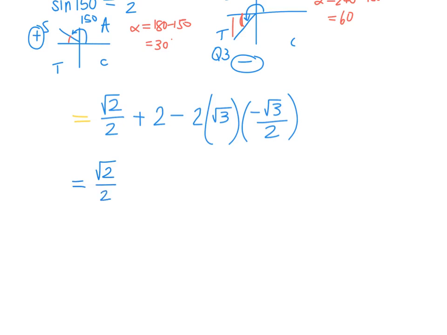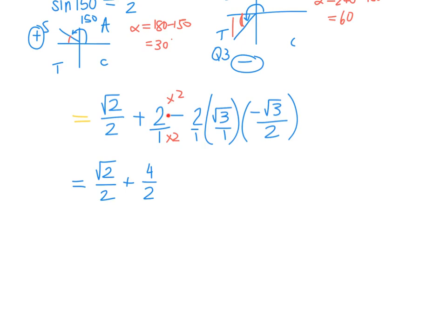So I have root 2 over 2, and this constant of 2, I'm going to write it as 2 over 1, and if I want that common denominator of 2, I'm going to multiply my numerator and denominator by 2 to get 4 over 2. And the rest of these, it's a multiplication of those three numbers, so I'm going to multiply my numerators, multiply my denominators.